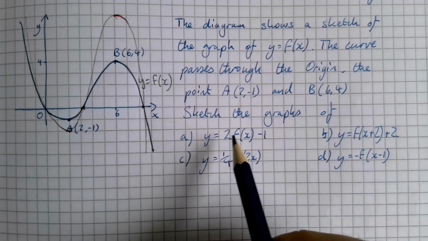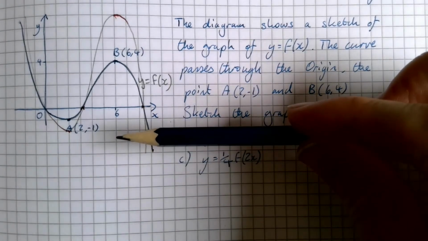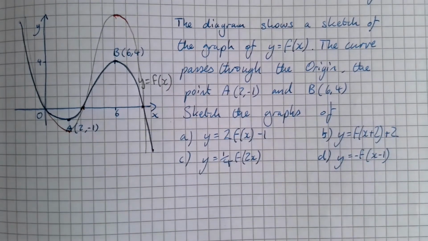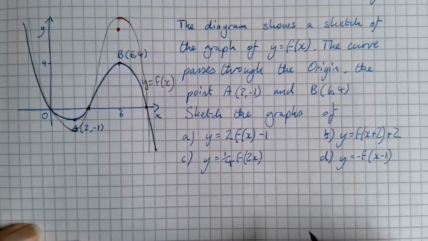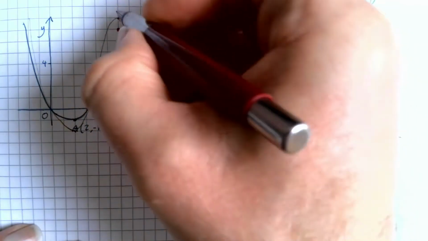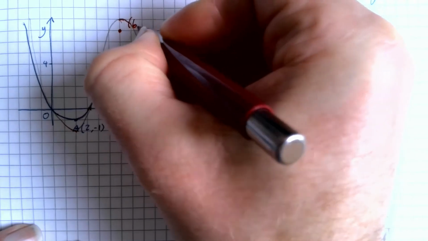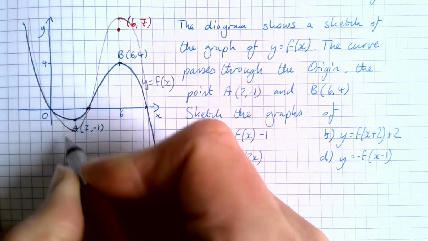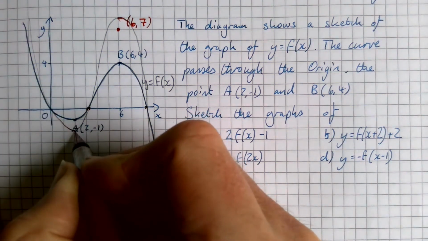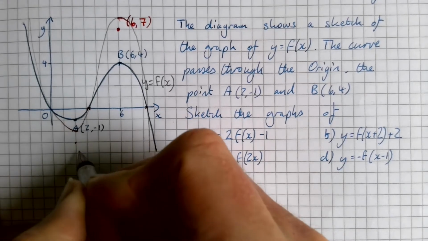Now I've just got to think, right, now it's going to be minus 1. Well, we know minus 1 is after the whole thing's happened, it's just being shifted down 1. So that means that my final result, which I'm going to do in red, is going to be 1 below. So my new point here becomes 6, and that was 8, so take 1 is 7. My new point here was at 2 minus 2, so that's going to become 2, negative 3.